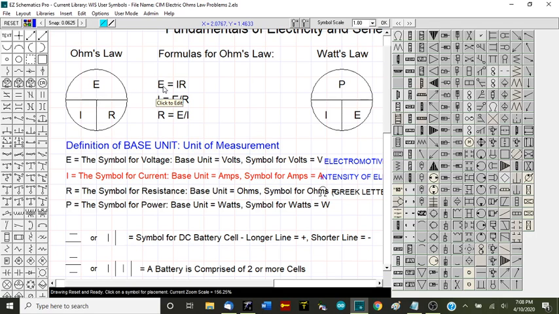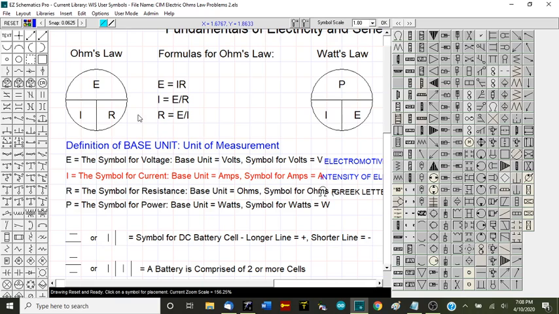E is the symbol for voltage. Voltage equals I, the symbol for current, times R, resistance. So voltage equals current times the resistance.